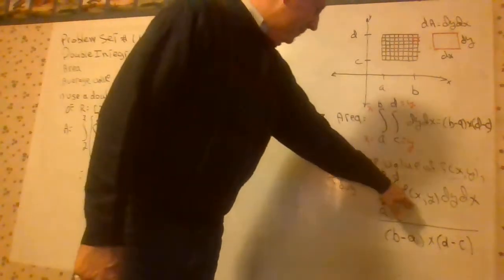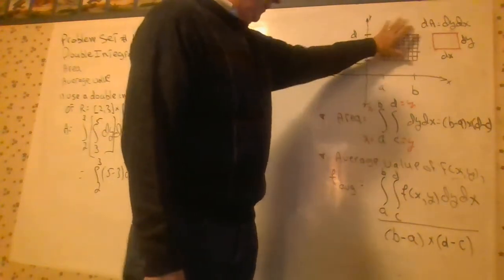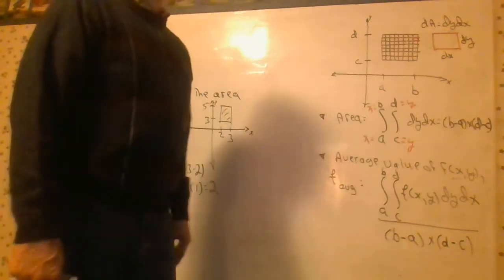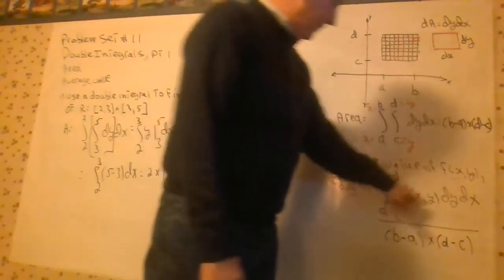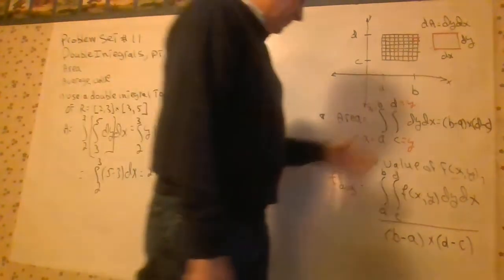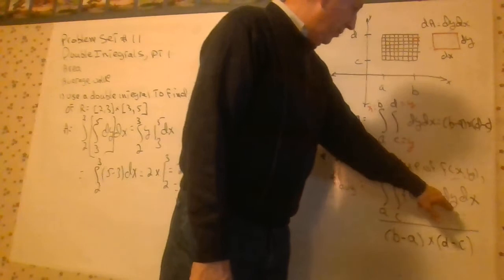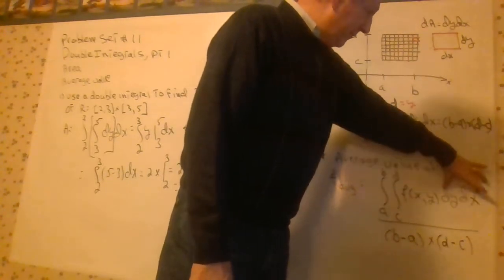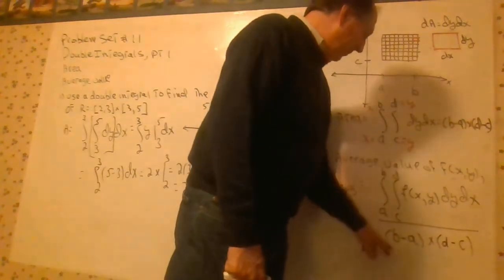Suppose we have some function f of x, y that's defined on this region. And we'll go through an example in a minute. We can find the average value by integrating the function dy dx. This is really, we're taking a weighted average of this function, where the function value is going to be weighted according to this little element of area, and then we divide by the total area, b minus a times d minus c.